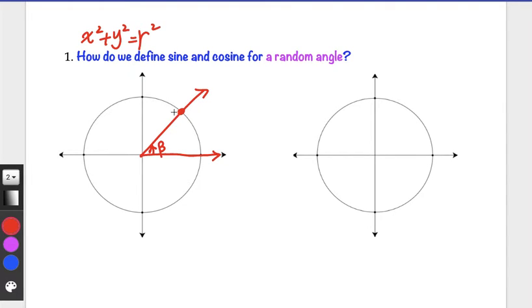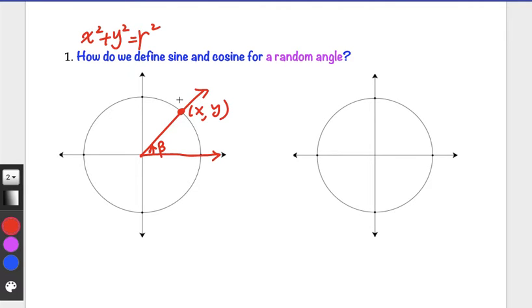The r here is the radius of the circle. As you can see, the terminal ray is going to intersect the circle at point (x, y), right? It's very similar to when we introduced the unit circle, but I'm going to extend this to a random circle.